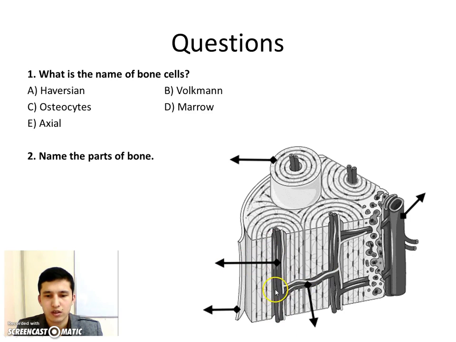These are Haversian canals, and this part is the periosteum, a very thin layer of the bone, and this part is the Volkmann canals, and this part is the blood vessels in the bone. And if you see here very small dots, these are osteocytes, as you can see here.